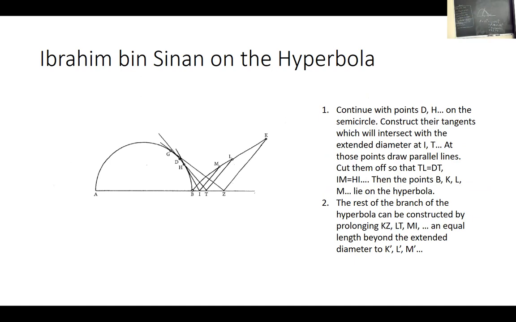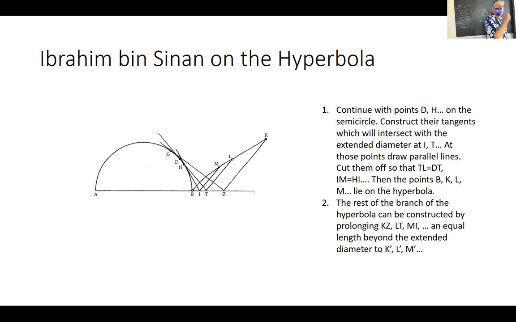We then draw lines parallel to our first line, because then that will have the same angle theta, and IM is going to equal IH, and TL is going to equal DT. And so those points B, M, L, K are all going to lie on the hyperbola.